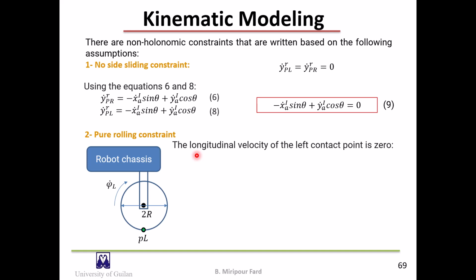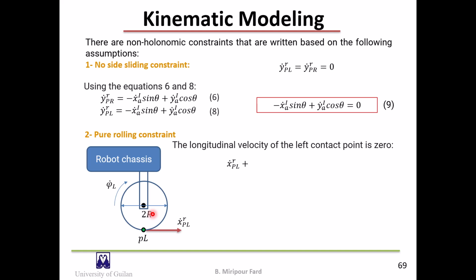This constraint can be written using the principle of superposition. If the contact point on the left wheel moves with the chassis and does not have a rotation, its velocity in the coordinate system of the robot will be equal to x dot PLR, which has been obtained by equation 5.